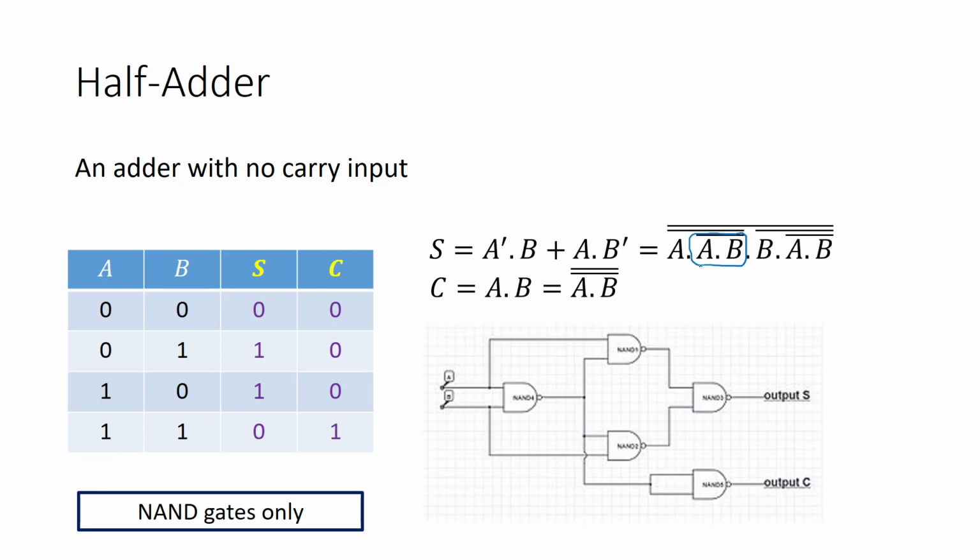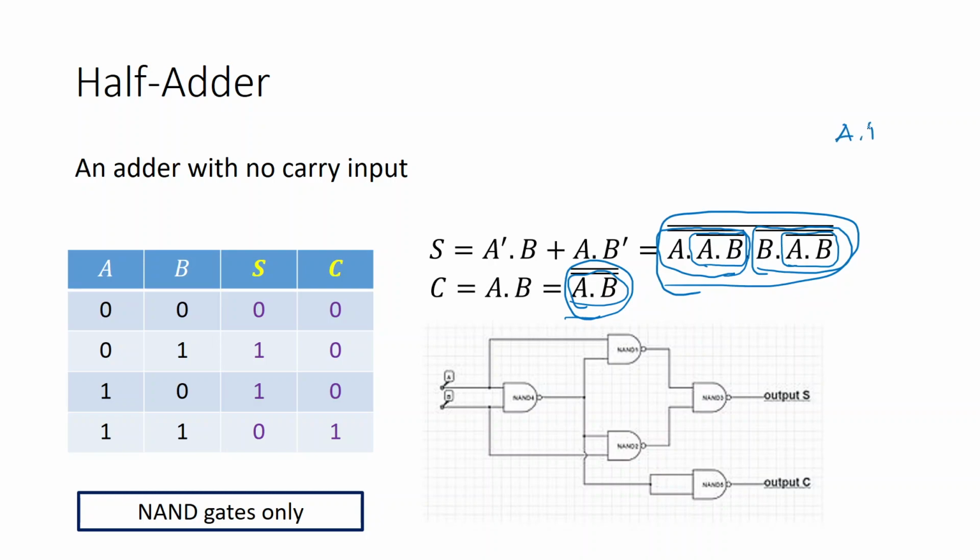So this is the NAND gate, this is the NAND gate, then this is also a NAND, this is also a NAND, and this is also a NAND. So all are NANDs.